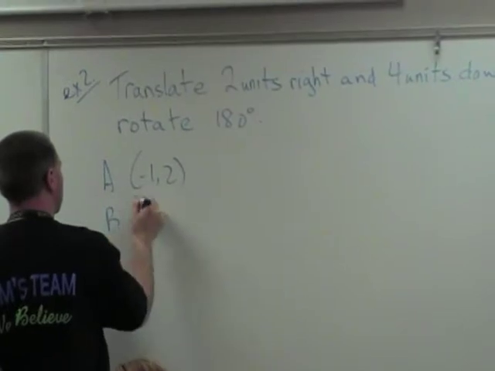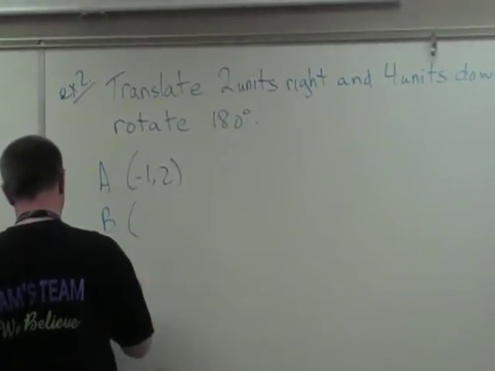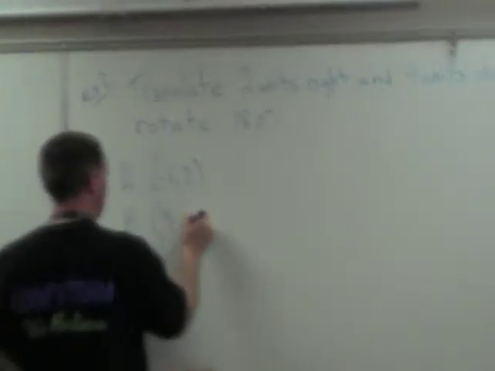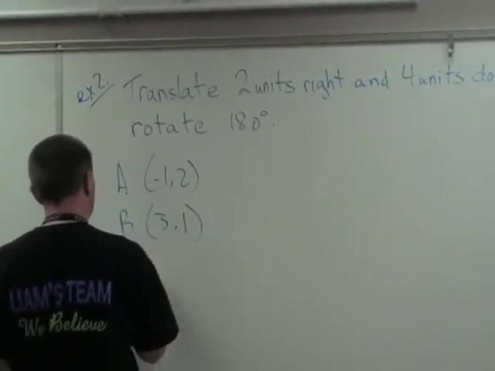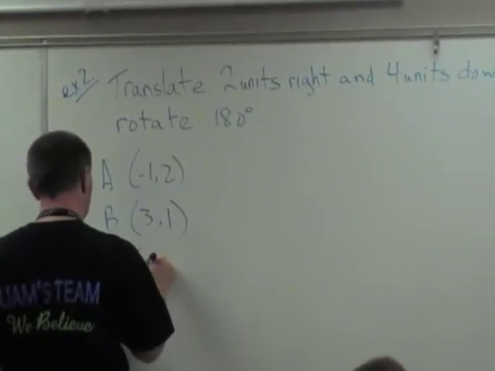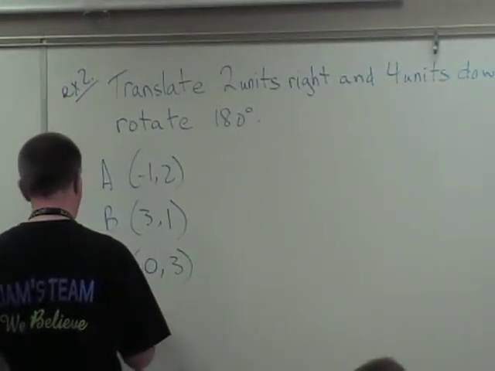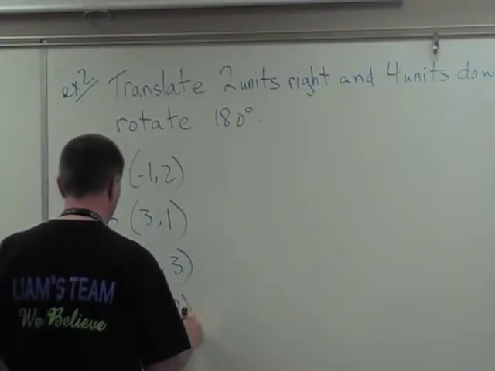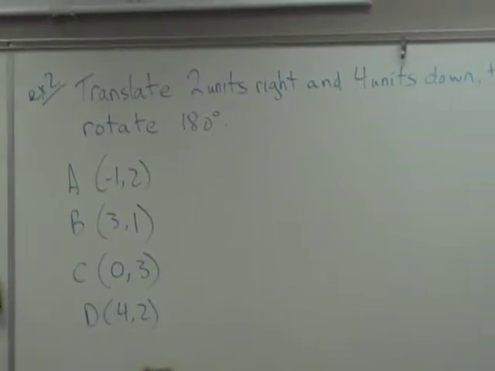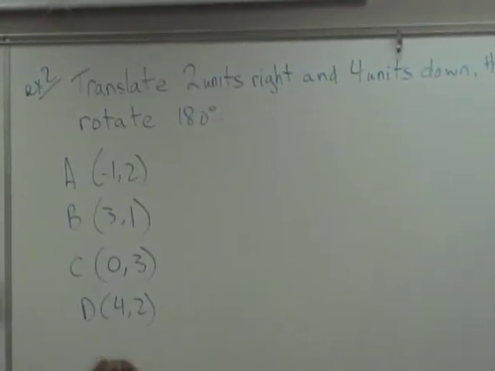So see if you can do everything before you graph it. That's translation you should be able to do. And the rotation should be easy if you memorized your rules that I taught you yesterday. The rotation should be very simple. That should be one of the ones that's very quickly done. But you got to translate it first.